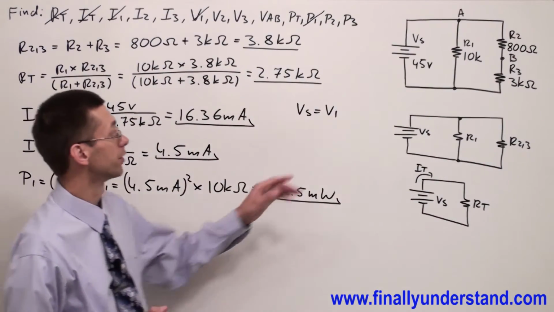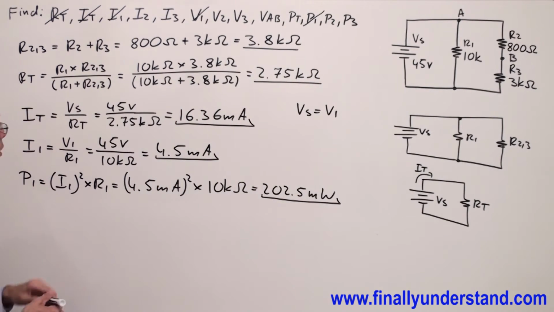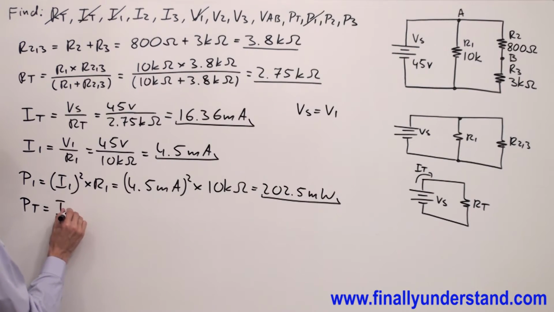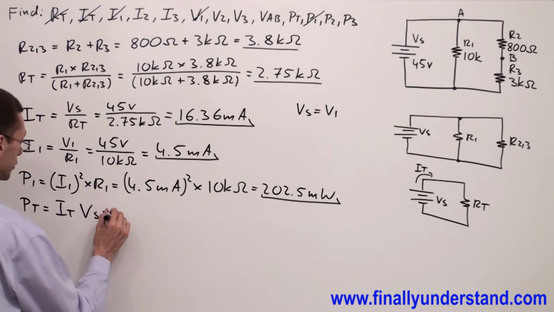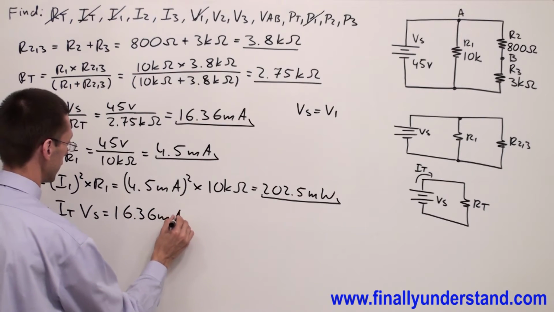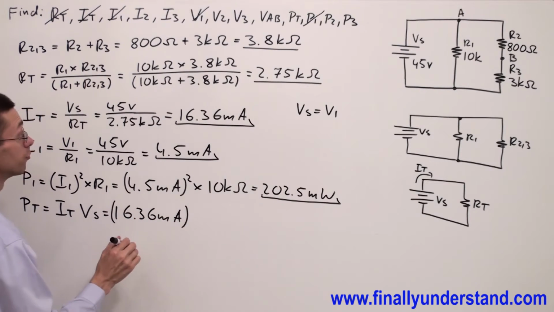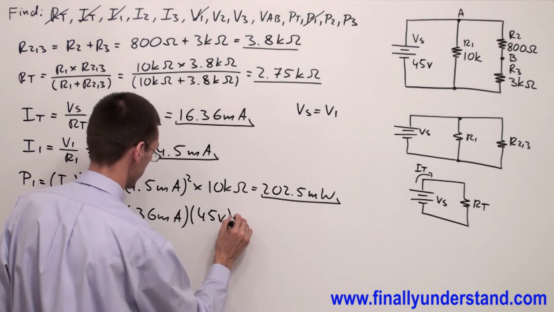Because we have the given voltage source and we found I total, we can find the total power. P total is equal to I total times voltage source, where I total is equal to 16.36 milliamps times voltage source 45 volts.